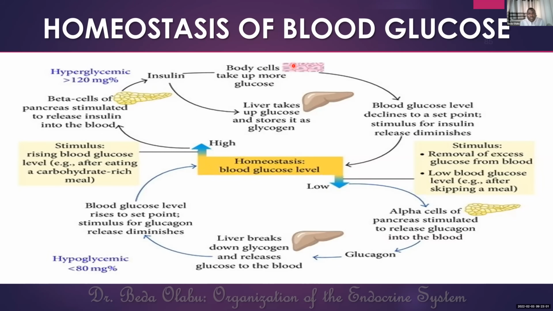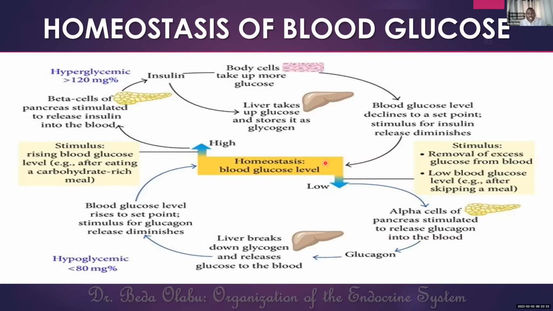The other one is the conversion of glucose to glycogen. If you look at those mechanisms that insulin uses, it aims at lowering the sugar level. So the sugar levels decline, perhaps to the normal that you want.